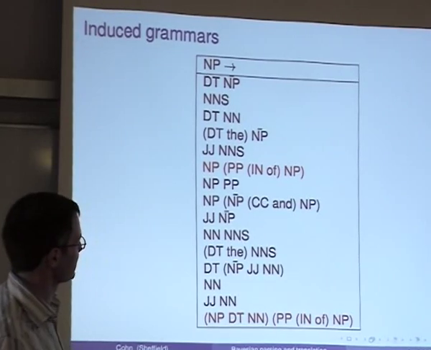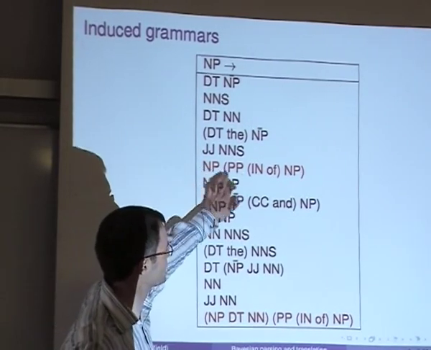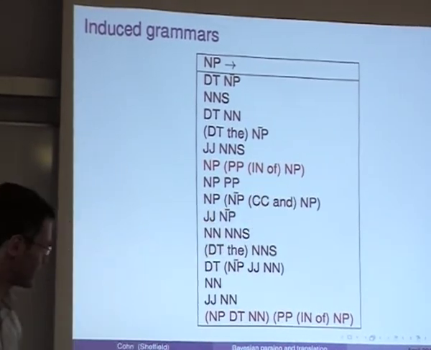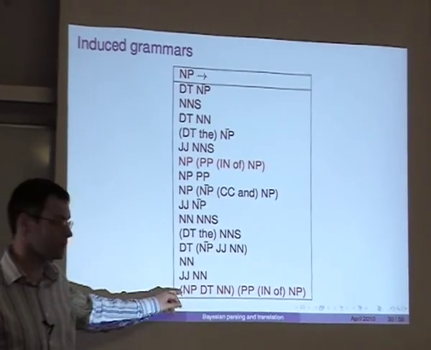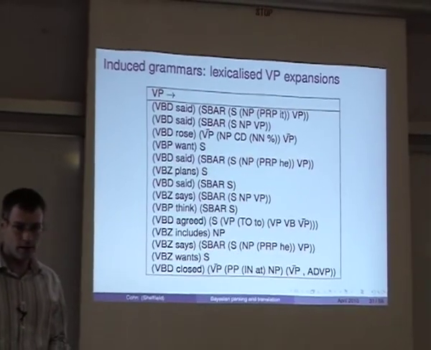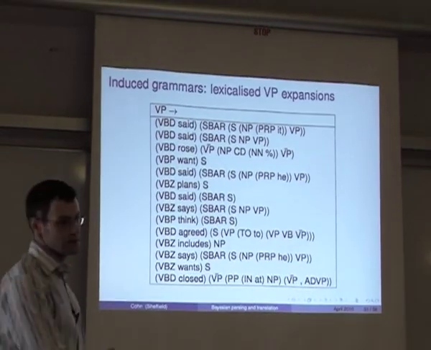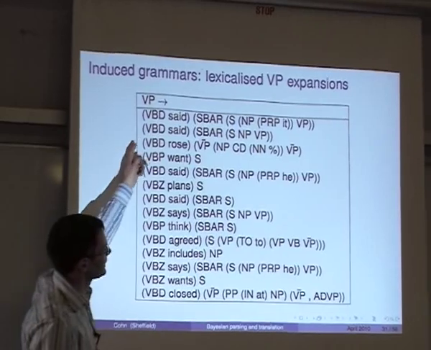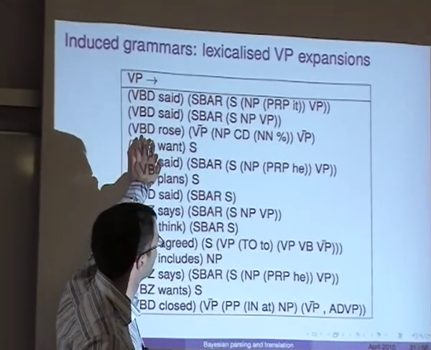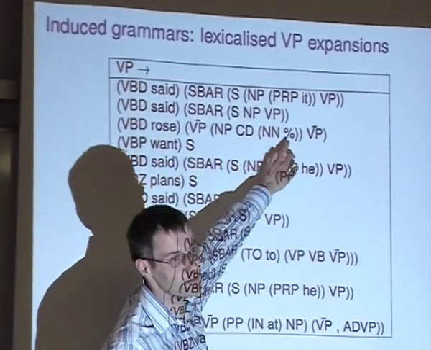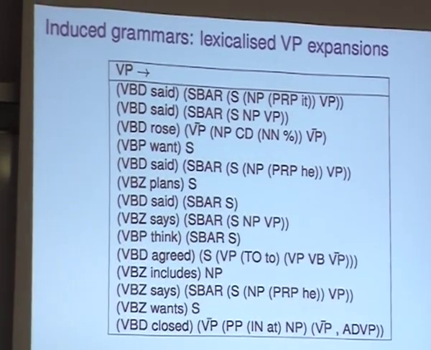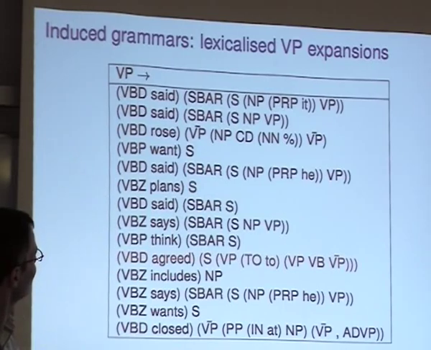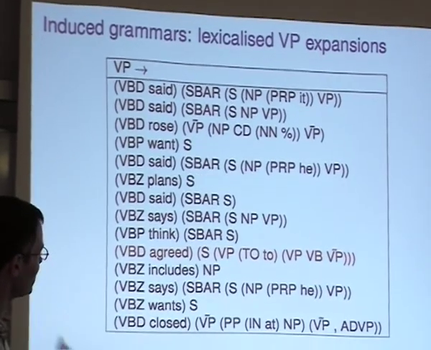We also see some more interesting ones. So we see things like noun phrase with a prepositional phrase, which is headed by of, with another noun phrase. So that's obviously very common. Here's another example of the same kind of thing. If we look at, for instance, lexicalized verbs, because this is where it gets a lot of interesting things, we see things like said it VP, rose some number of %, and then a verb phrase bar, which is going to be for something like yesterday or something, which is pretty common in the Wall Street Journal.